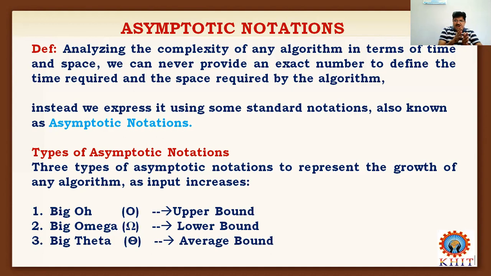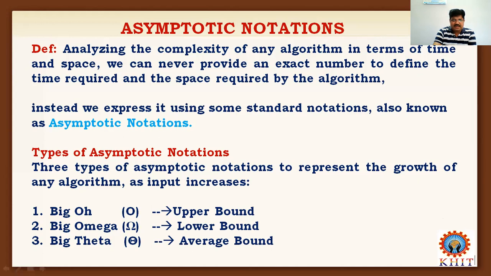So instead, we express it using some standard notations, known as asymptotic notations. The speed of an algorithm in terms of time and space can be measured with these notations.